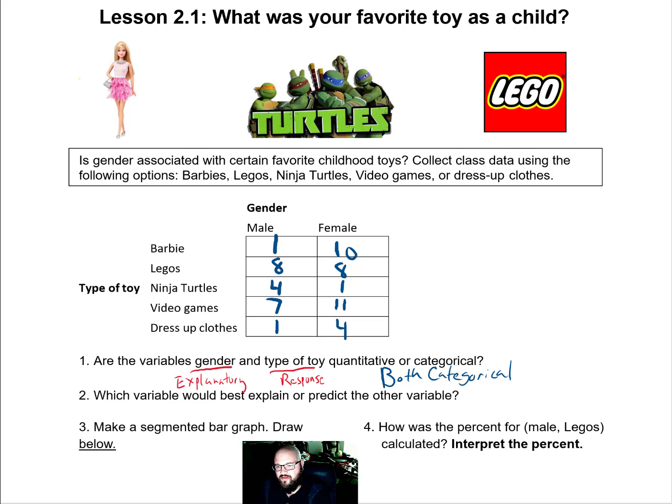We're looking at our gender. So we're going to say our gender would best explain or predict the other variable.